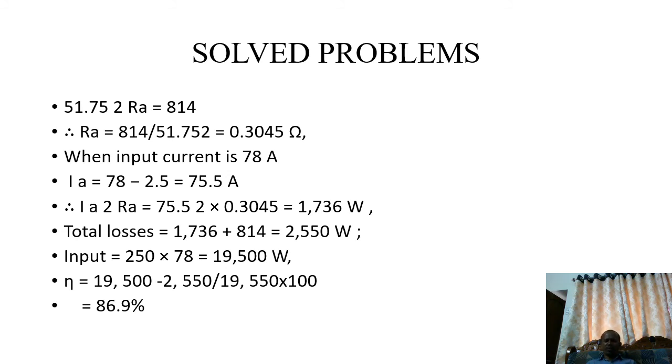What is output? Input minus losses. Total losses. Input here 19,500 minus 2,550 is losses, divided by 19,500 into 100, which is equivalent to 86.9%. The efficiency of the machine is 86.9%.